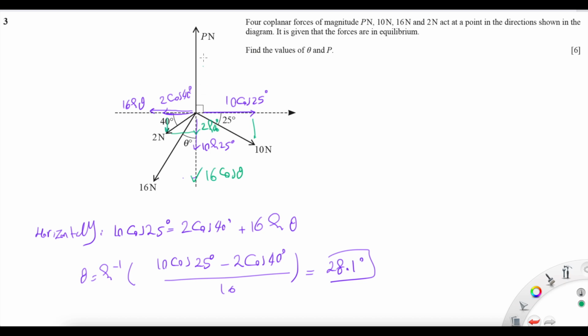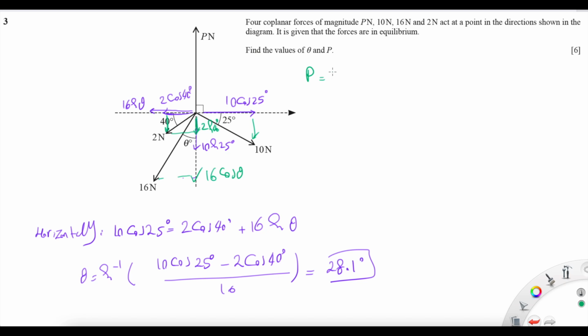So upwards we have p, downwards we have this vector which is 10 sine of 25, already written, this vector written here 2 sine of 40, and this, which is adjacent for this theta, is 16 cosine of theta. So p should be equal to the sum of all the vectors in opposite directions.